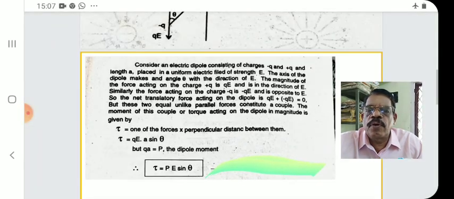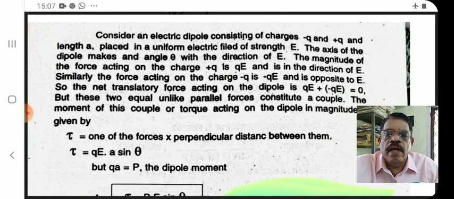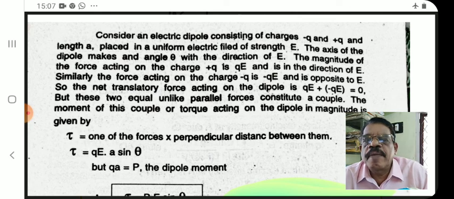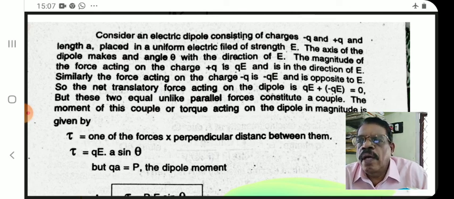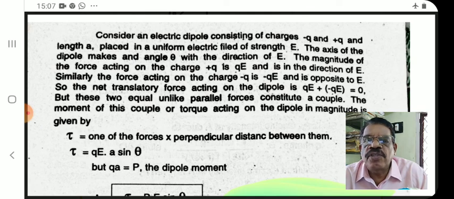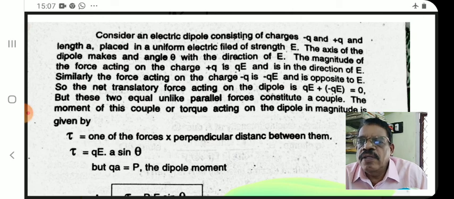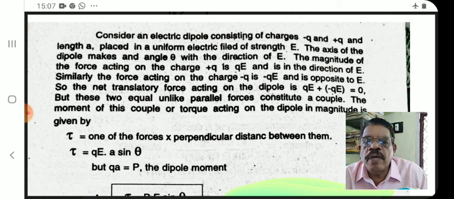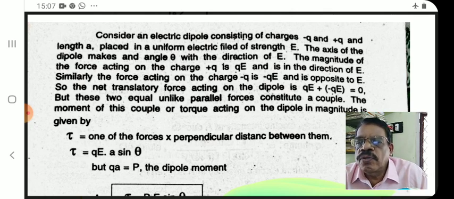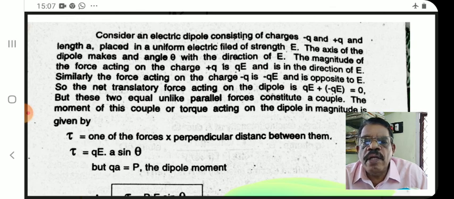Here a small explanation is given. Consider an electric dipole consisting of charges minus q and plus q and length A placed in a uniform electric field of strength E. The axis of the dipole makes an angle theta with the direction of E. The magnitude of force acting on the charge plus q is QE and is in the direction of E. Similarly, the force on the charge minus q is minus QE and is opposite to E. So the net translatory force acting on the dipole is QE plus minus QE, which is 0.